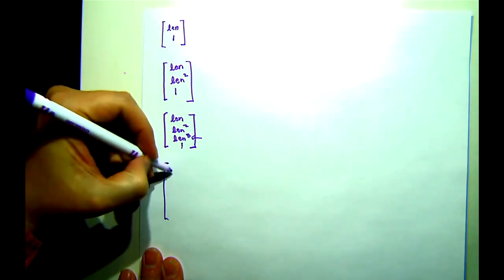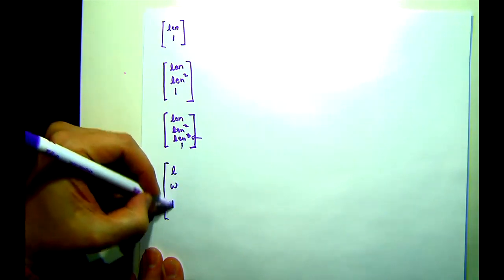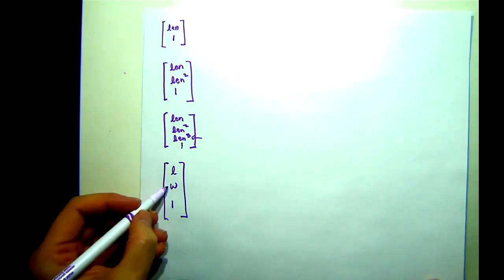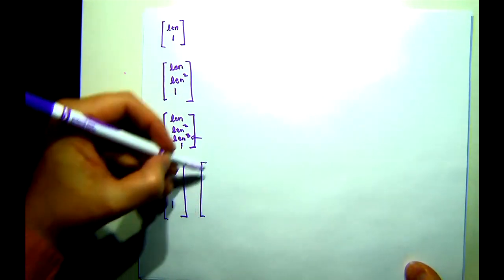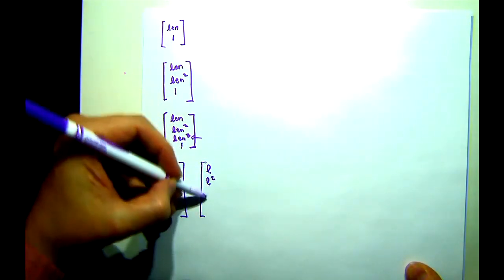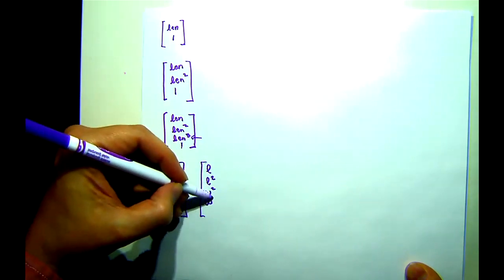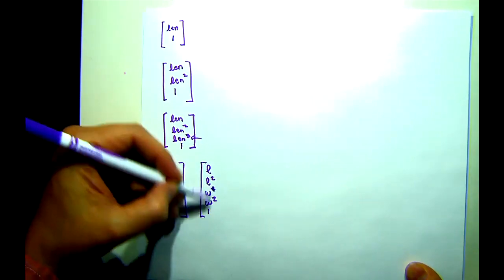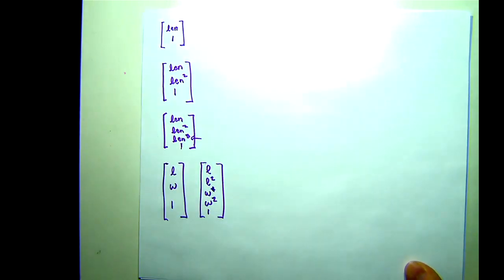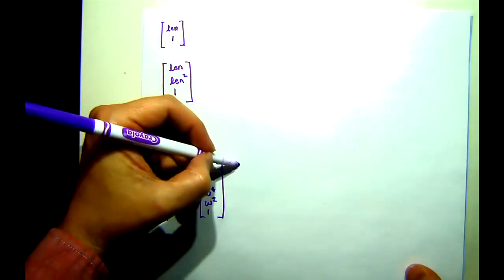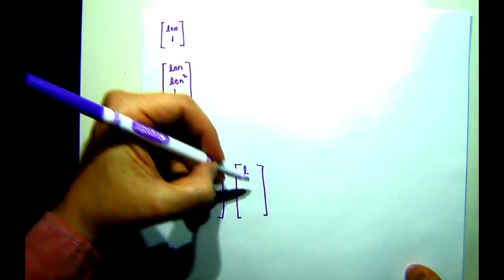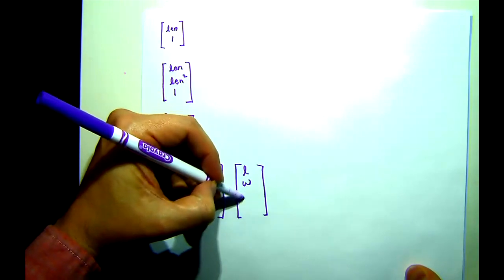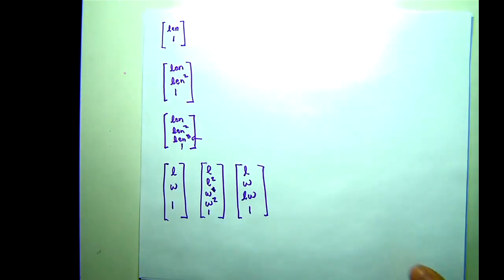If our original vector was length and width, now this is obviously a different task, some of the things we can do is length squared, width squared. But then you'll often introduce cross products. This is a really common technique where you do length, width, and then length times width as an input feature.